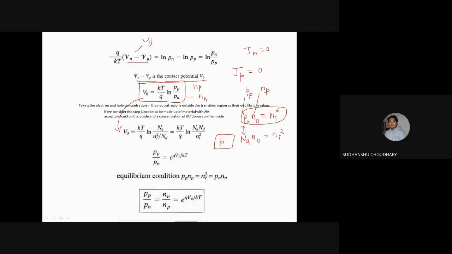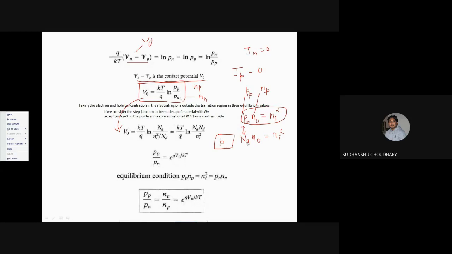Oh, sorry, this is electron, of course, but we are concerned with this Pn, that is holes in n-type semiconductor.